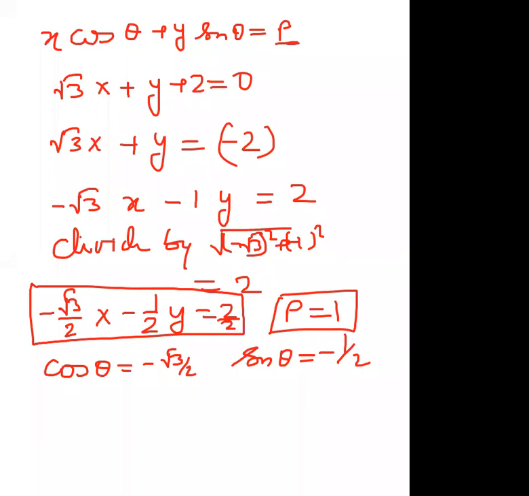Third quadrant, tan positive, meaning sine and cos both will be negative in the third quadrant. So theta will be pi plus the value of this, and the cos value root 3 by 2 corresponds to pi by 6. So it will be 7 pi by 6.